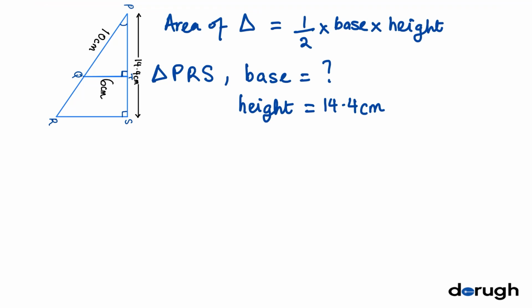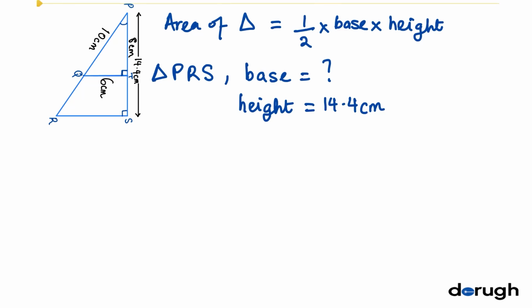Recall in the last exercise, we found the length of PT. We found it as 8 centimeters. So now that we know that PT is 8 centimeters and PS is 14.4 centimeters, we can find the scaling factor.